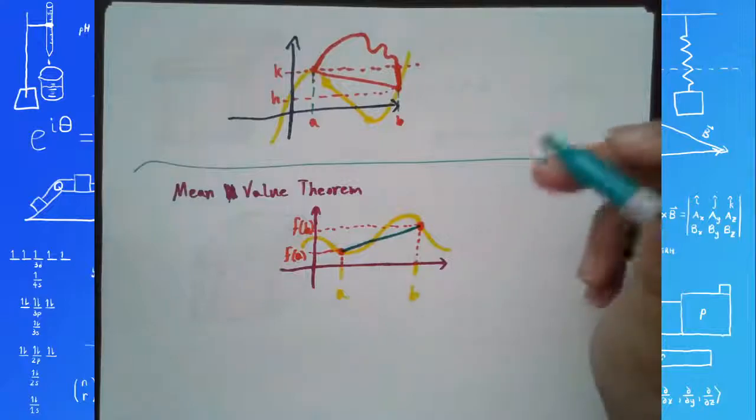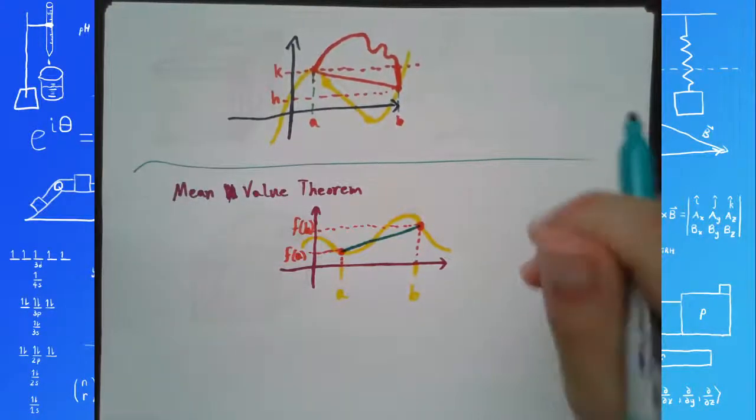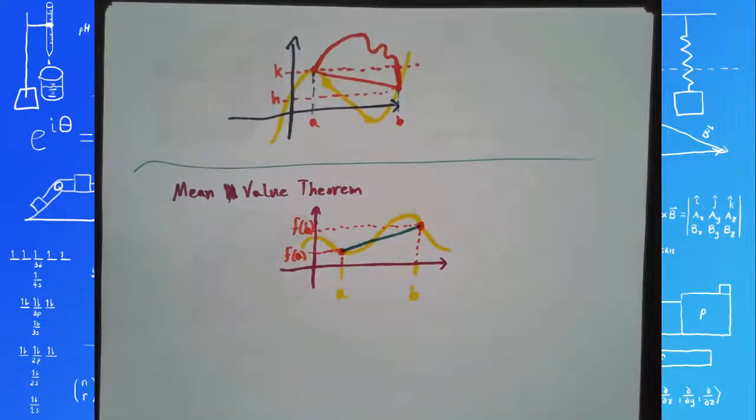At some point between A and B, at least once. And in fact, I think it's going to actually happen twice the way I've drawn my graph.